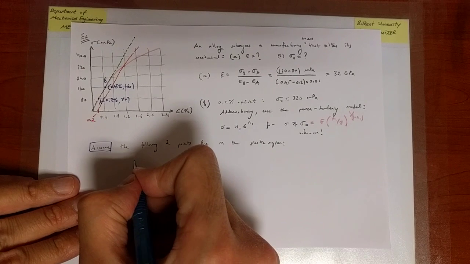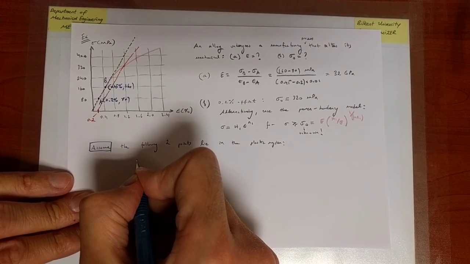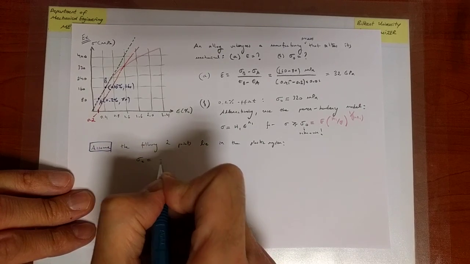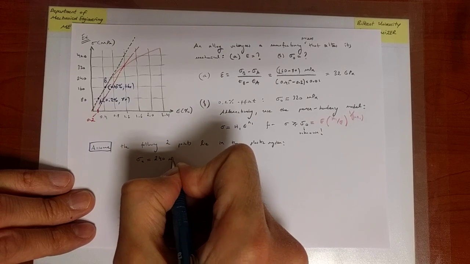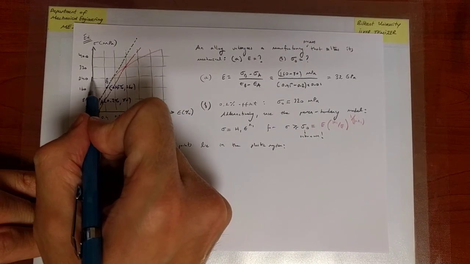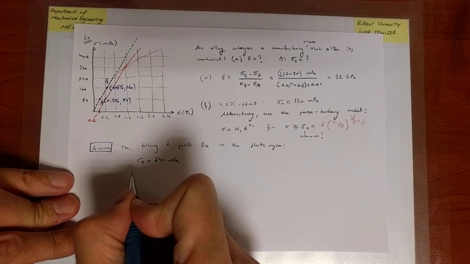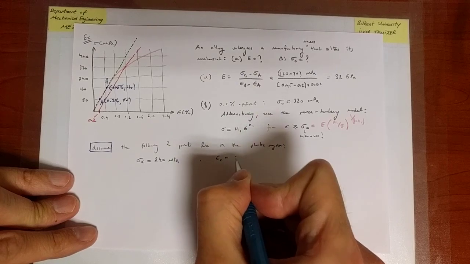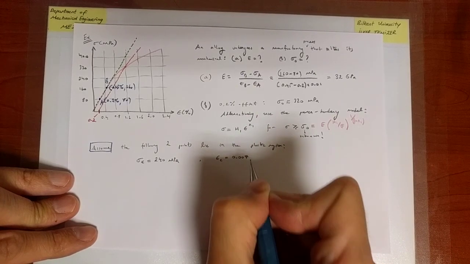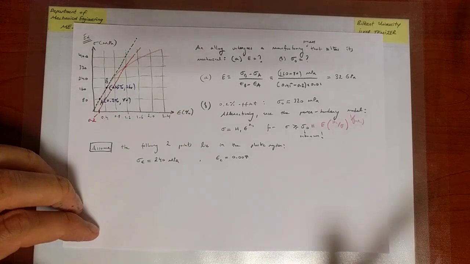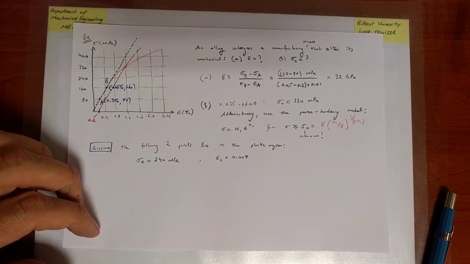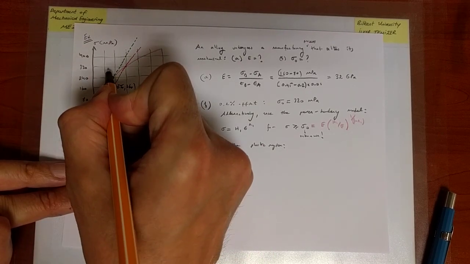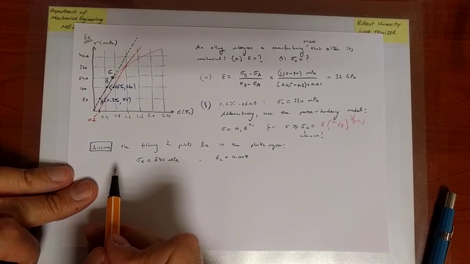I'm going to pick a point, let's say point C, for which the stress is 240 MPa, and the corresponding strain is 0.007. That's something that I'm reading from this plot. So point C is roughly there.